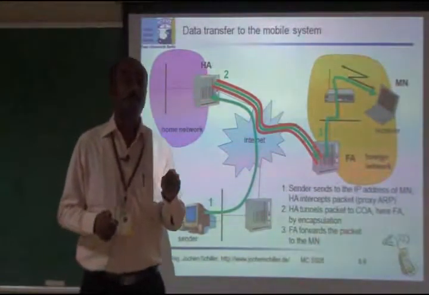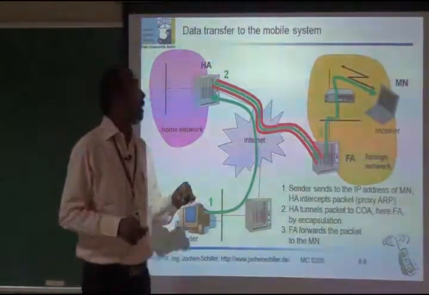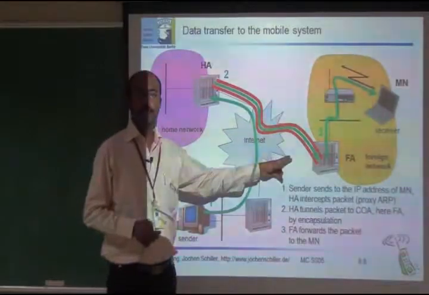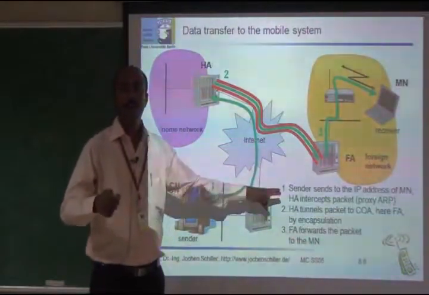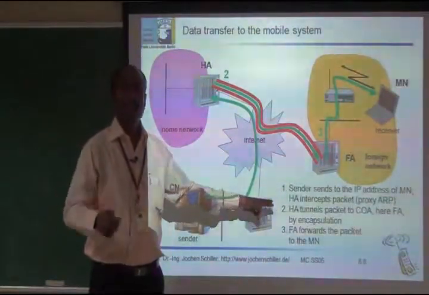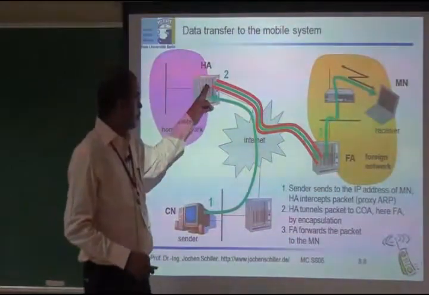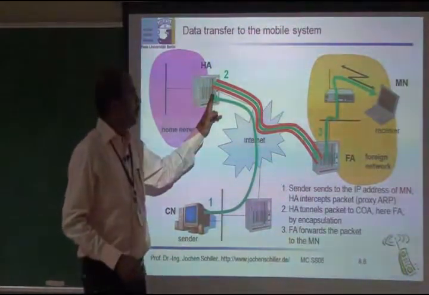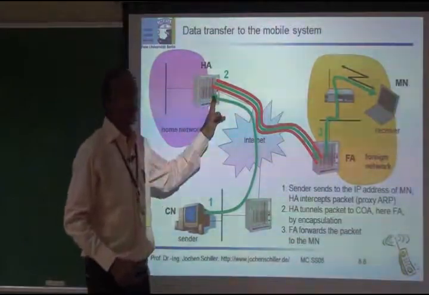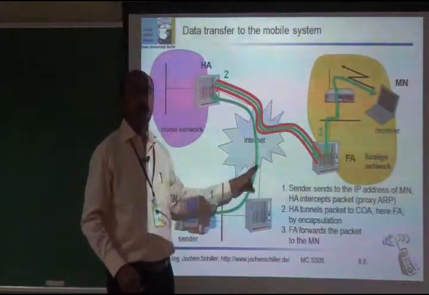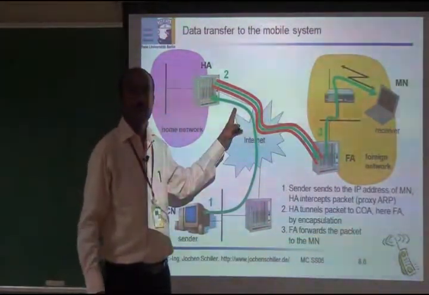Suppose the correspondent node is not present in the home network, it will find the foreign agent where the correspondent node has already moved to the new place. That message is, correspondent node will identify, that is correspondent node will send the data.